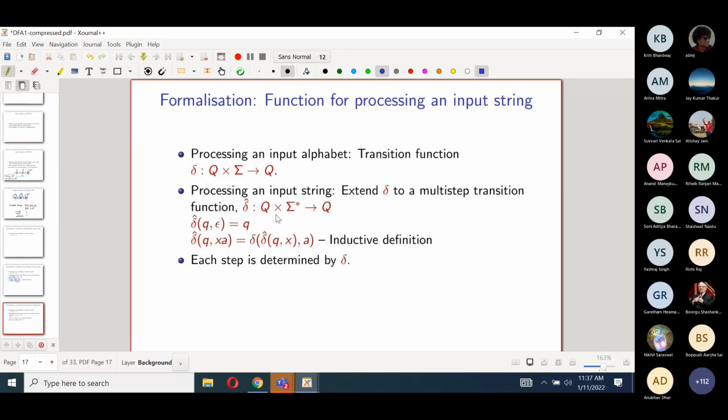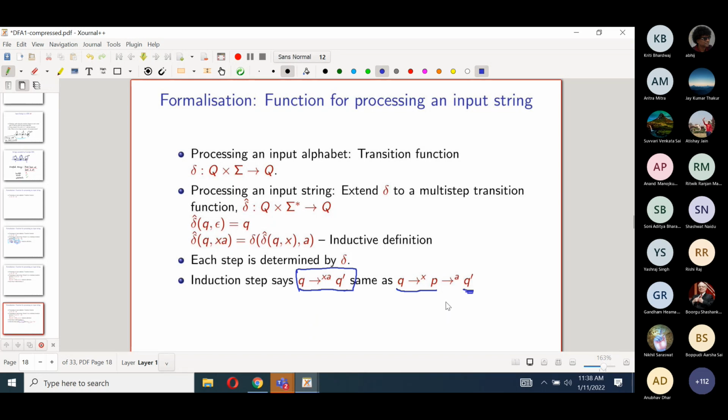Yeah, so as I said, each step is determined by delta, and the induction step is saying that Q on reading the string XA, reaching Q dash, according to the definition of delta hat, is the same as Q on reading the substring X reaching some state P, and then on reading this single symbol A reaches Q dash, which is the output of delta hat. So this is what the induction step is trying to capture in this definition.